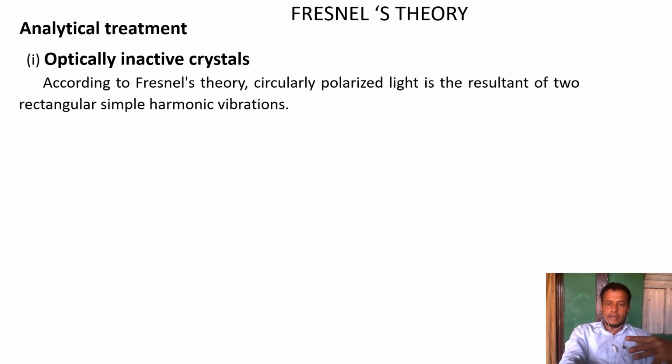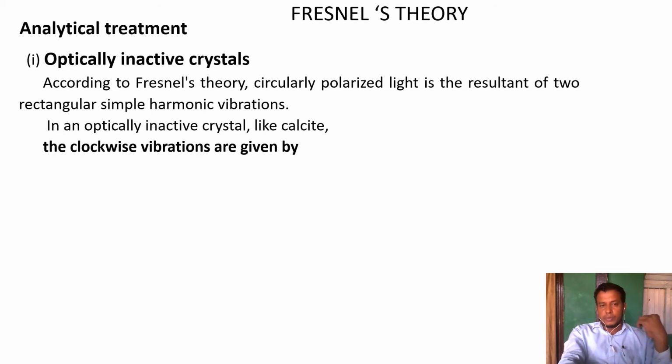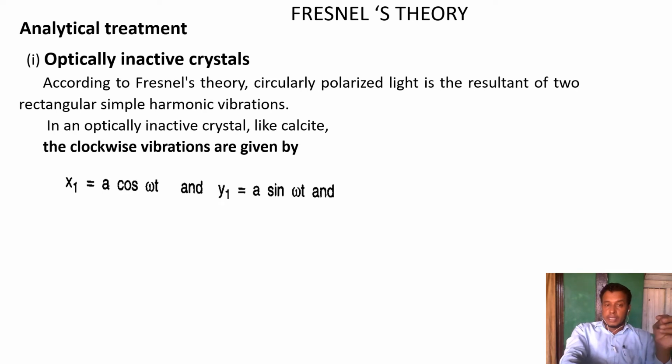The resultant effect will be studied after passing through the calcite crystal, where light creates two circularly polarized lights, one clockwise and the other anti-clockwise. The clockwise direction is given by this relation.